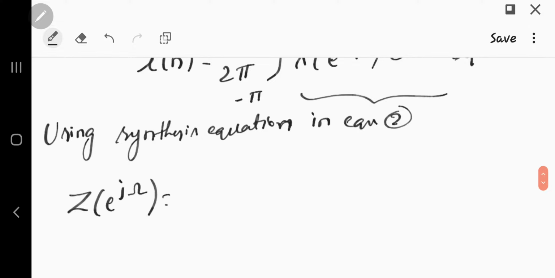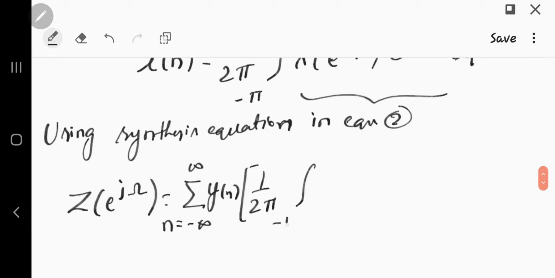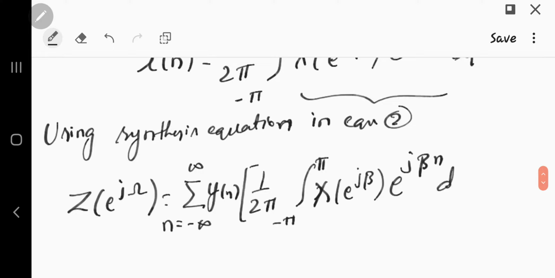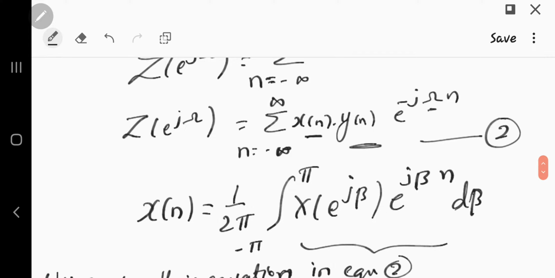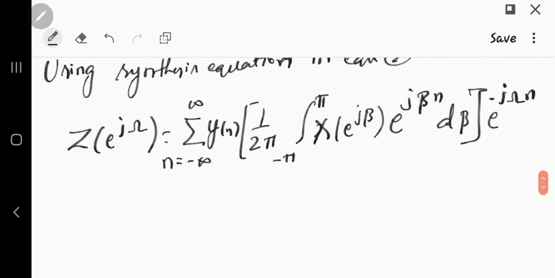Z of e power j omega is equal to summation n equals minus infinity to plus infinity y of n, 1 by 2 pi, I am substituting x of n now, integral minus pi to plus pi x of e power j beta e power j beta n d beta, e power minus j omega n. Okay, so we have substituted x of n here.